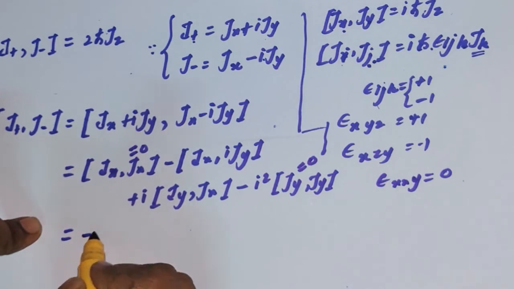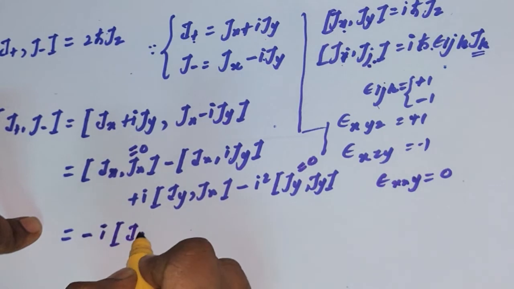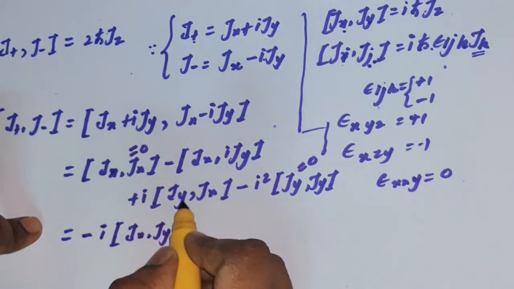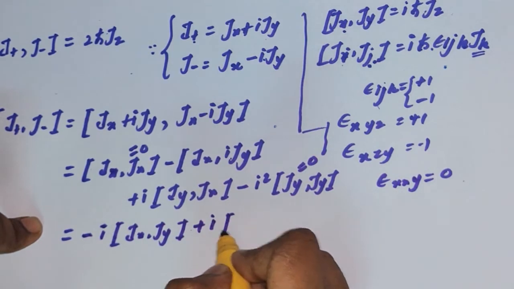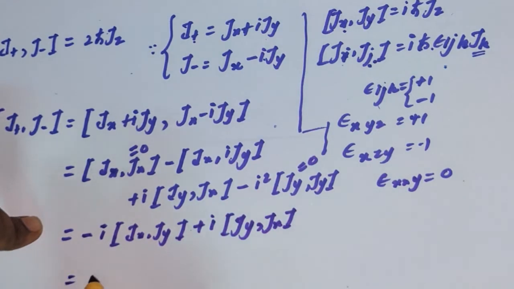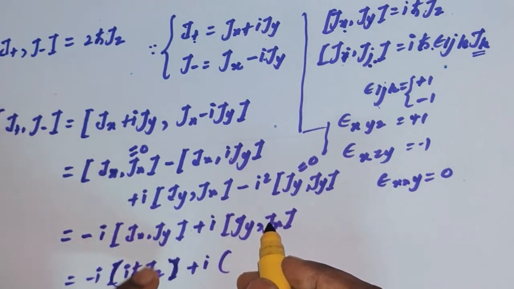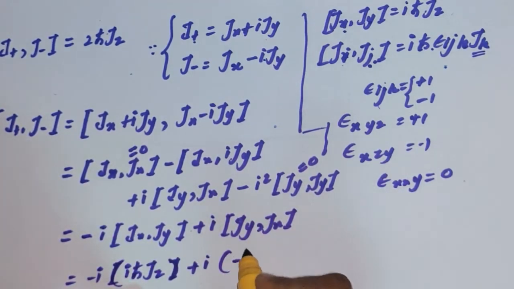So you can write the minus, take the i outside, then the commutation is [jx, jy]. Here already i outside, it's [jy, jx]. So the [jx, jy] we know the value, i h-cut jz. This is a commutation relation, plus i, actually you have to change the bracket: i [jy, jx]. It's [jx, jy] plus i h-cut, [jy, jx] is minus i h-cut jz.